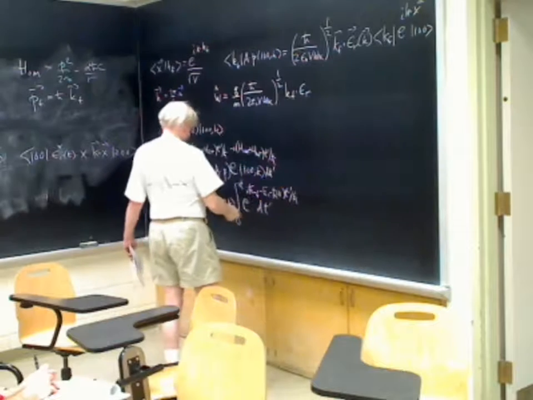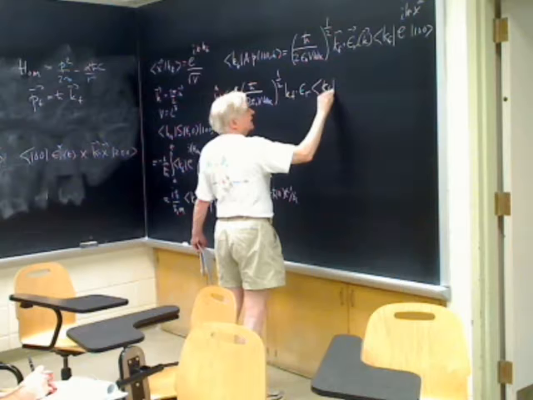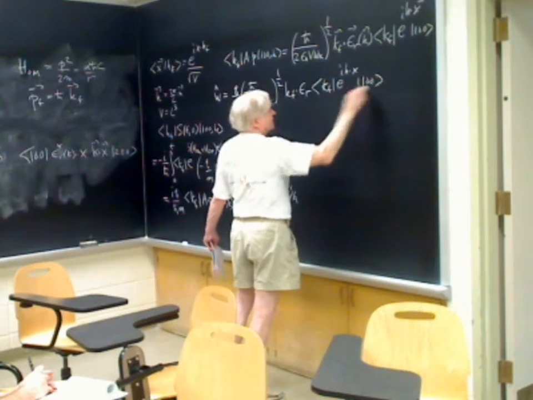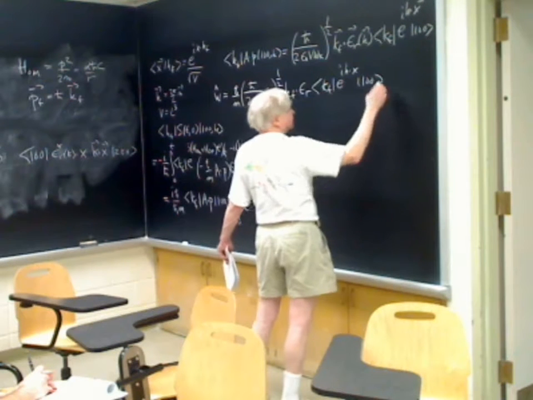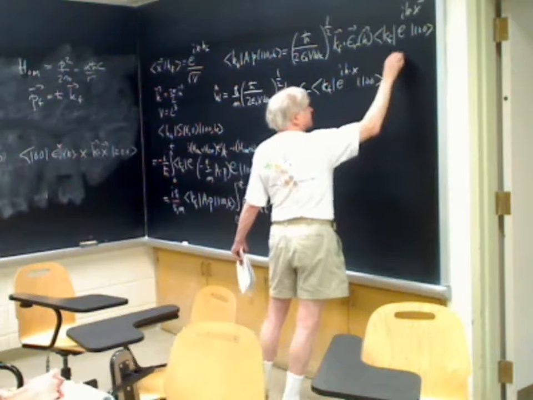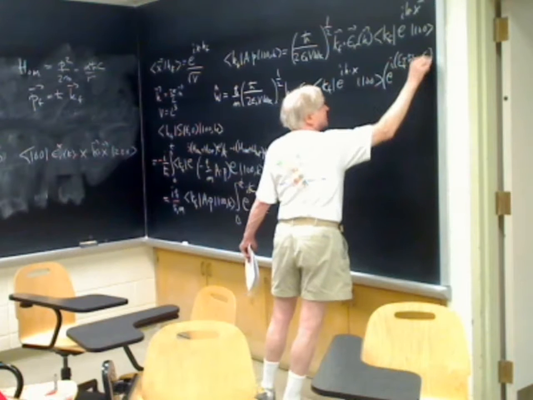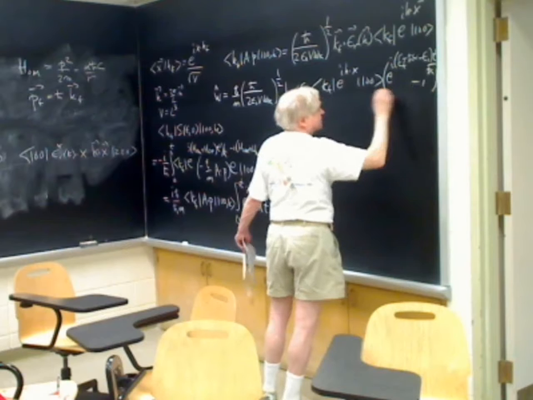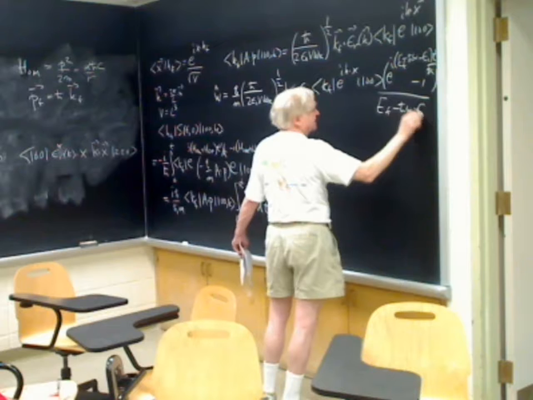And then we have kf e to the i k dot x 1,0,0. We still have to compute this matrix element. Then we have this phase factor, e to the i (Ef minus h bar omega minus E1) T over h bar minus 1, close parentheses, over Ef minus h bar omega minus E1.